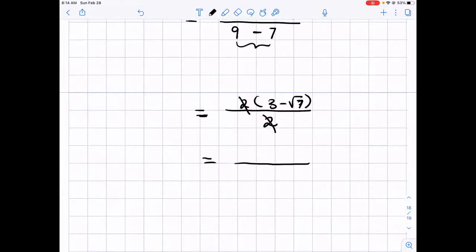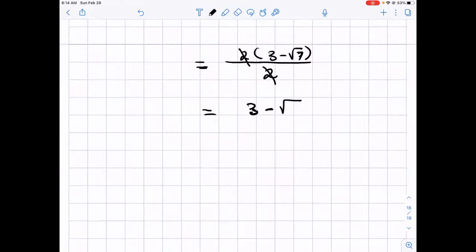Sometimes they will cancel, sometimes they will not, and sometimes you have to factor out. So we don't need that fraction bar anymore. We're left with 3 minus root 7. It all depends on the problem you're working with.